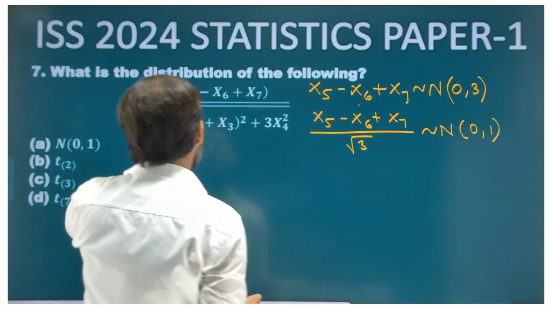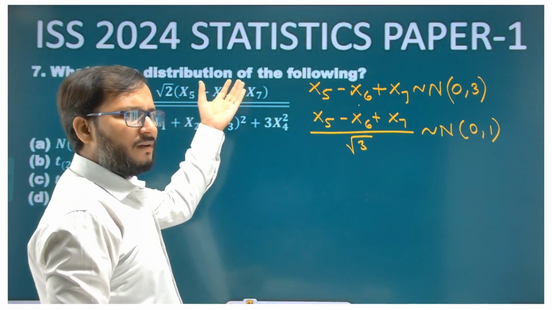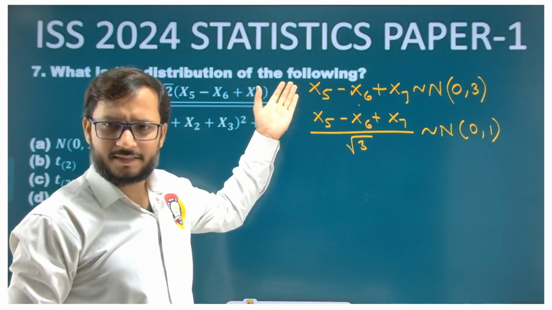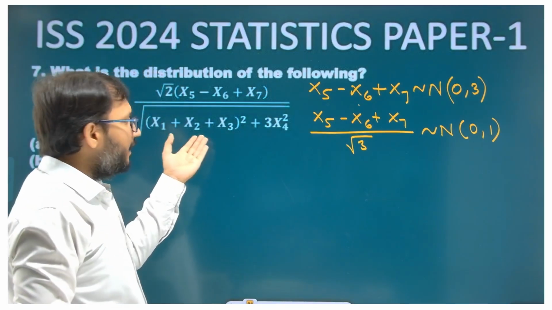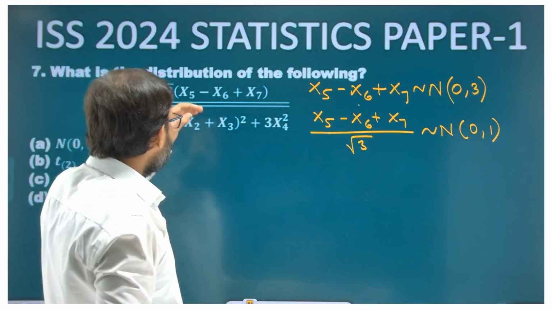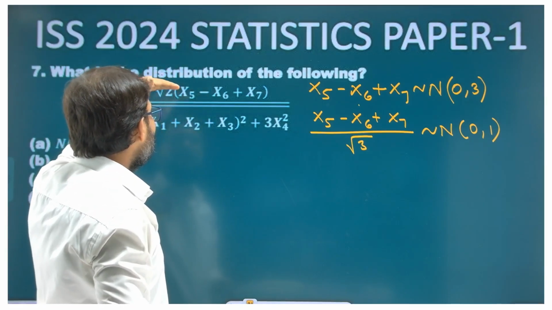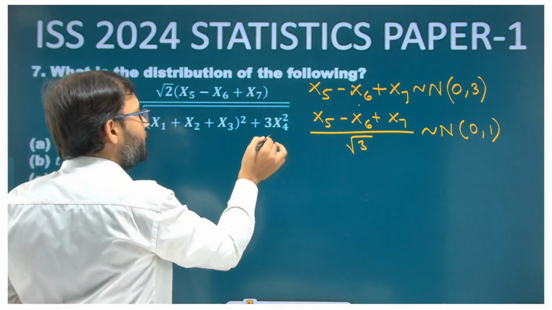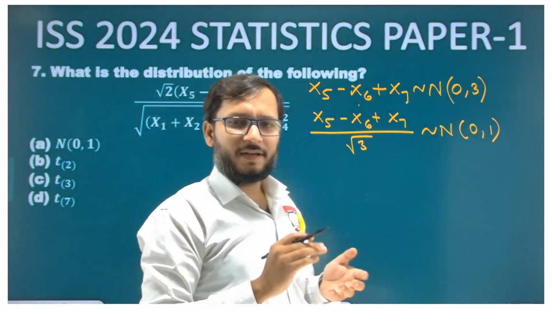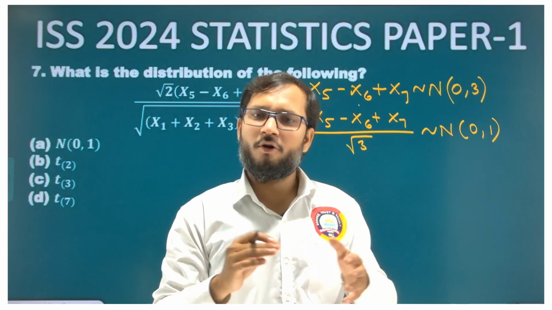Got the point? So it seems like this is the ratio of a standard normal variate to the square root of an independent chi-square variate, because the numerator contains x5, x6, x7, the denominator contains x1, x2, x3, x4, and x1 through x7 are all independent.